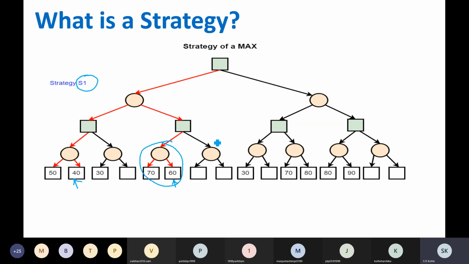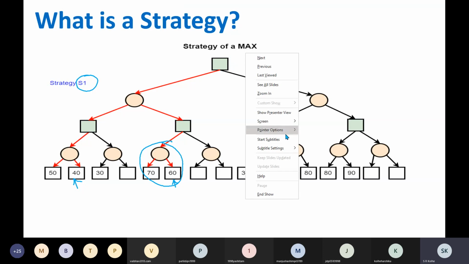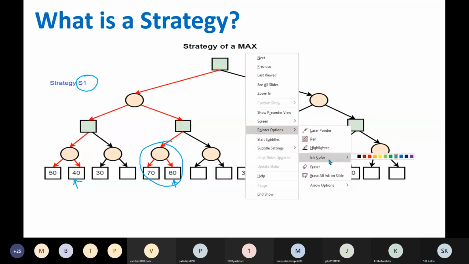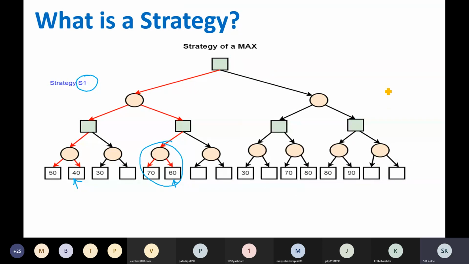What is strategy S3? I will draw it with some other color, yellow color. If max makes this move, then consider both strategies for min. Now for max, instead of this left one, max can select this also. If max selects this, then again we have two options.